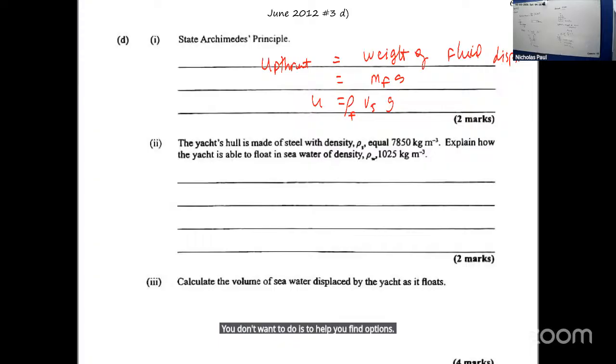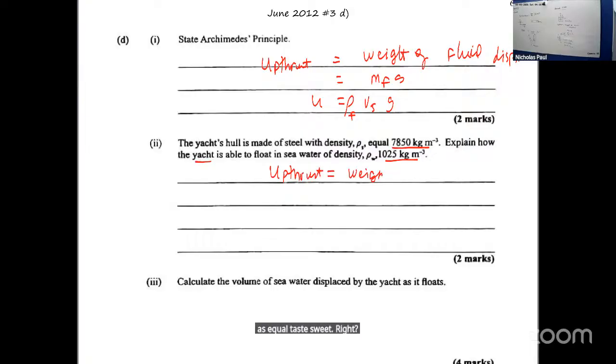So the yacht is made of steel. Explain how it's able to float. The main reason the yacht is able to float is that its upthrust is equal to its weight.